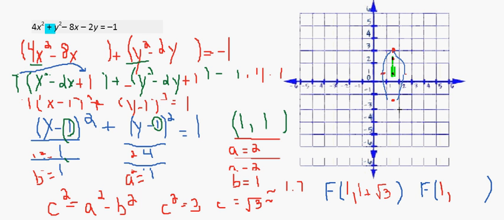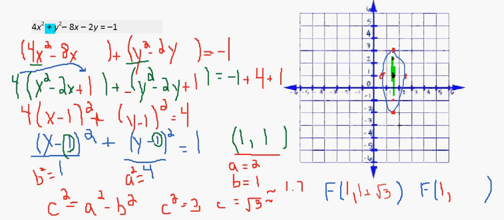And then to get the other focus, I started here at 1 and went down square root of 3. So the coordinates of that is simply 1 minus square root of 3. And there are your foci. All right, so now let's take a look at another one.